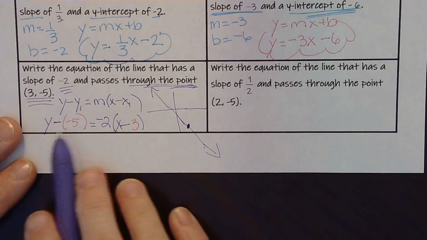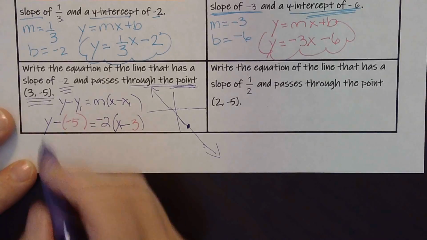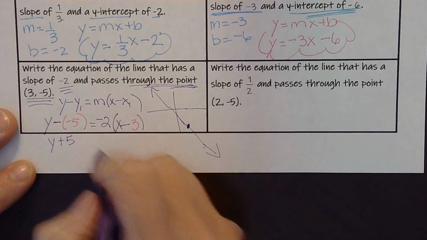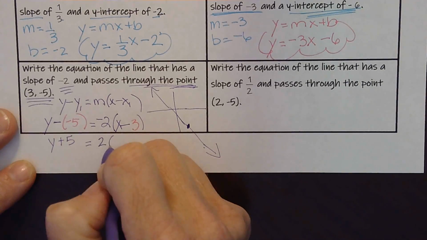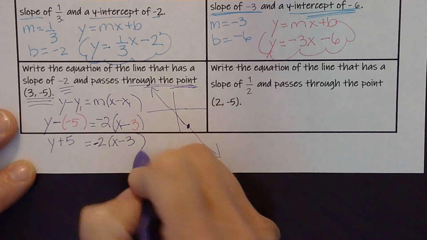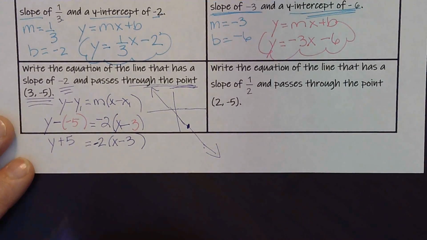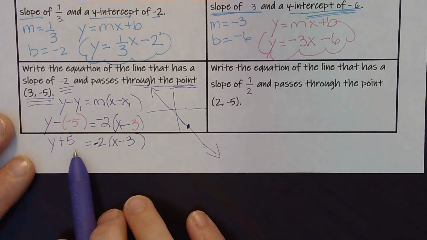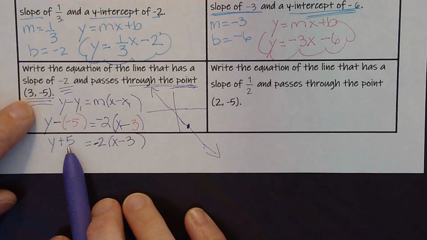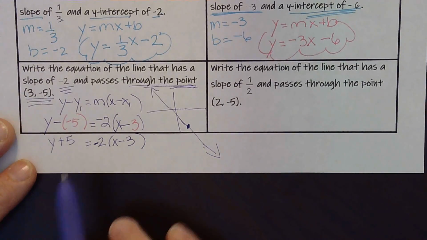Cleaning this equation up a little bit, we get y plus 5 equals negative 2 times x minus 3. And here's the equation that has a slope of negative 2 and passes through the point positive 3, negative 5.